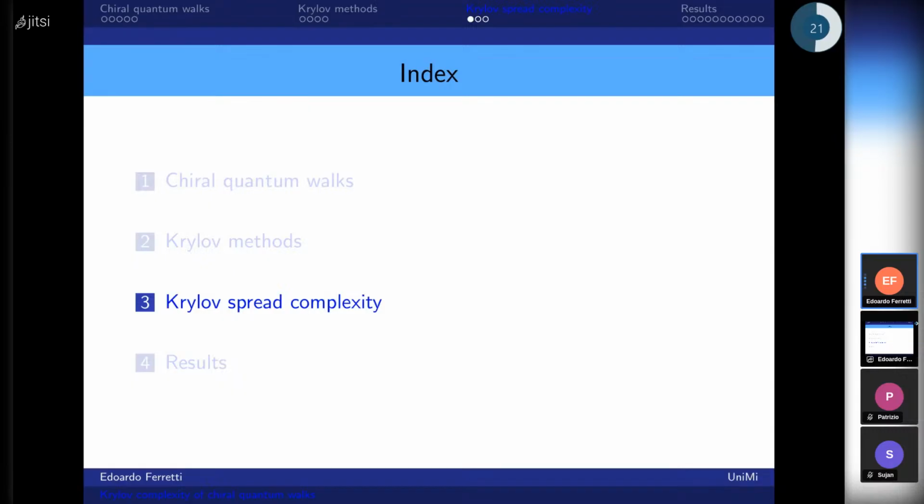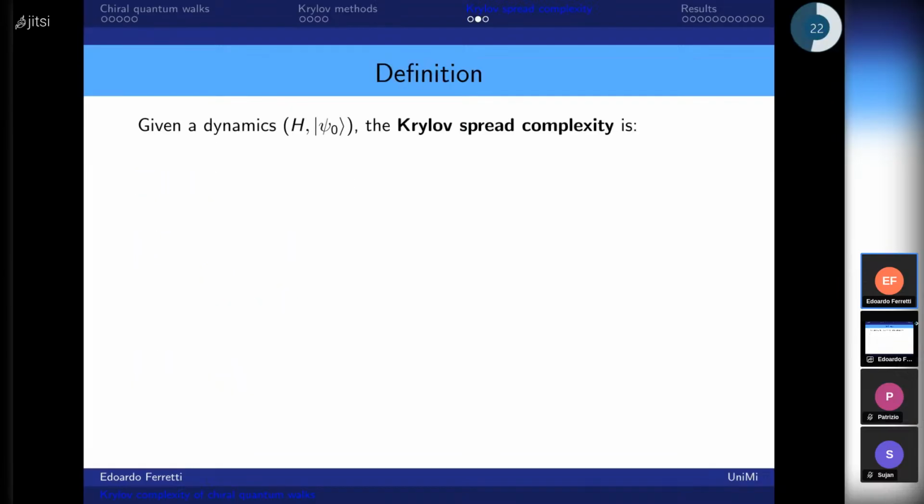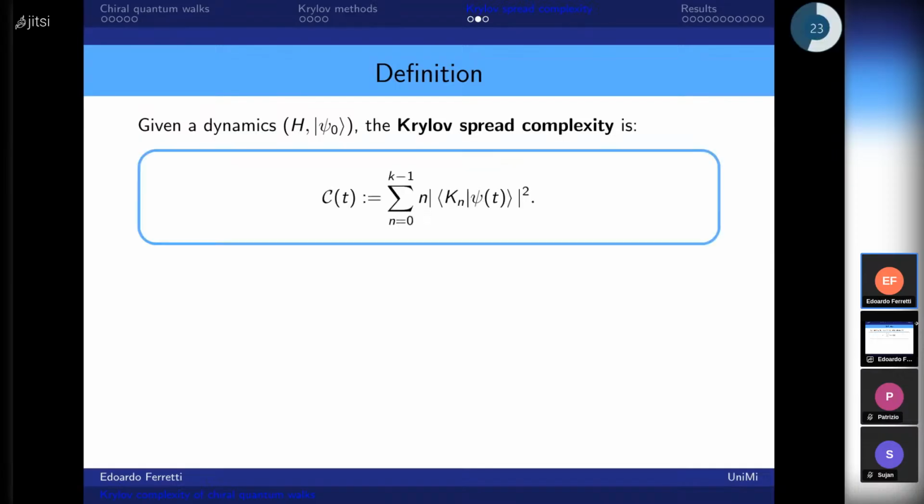And now, after this introduction, we can introduce the main quantity, which is the motivation of my thesis, which is Krylov spread complexity. So we have constructed the Krylov subspace. We have the Hamiltonian expressed in a tridiagonal form, and we can define this quantity.